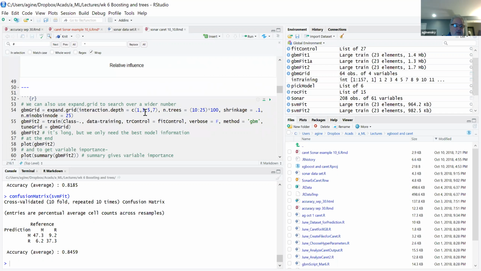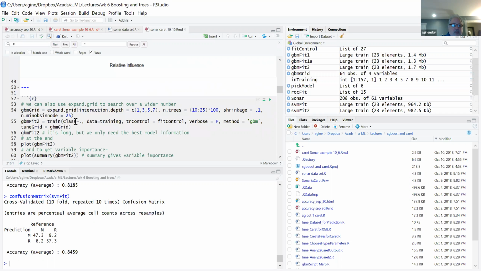One would be stumps. I looked at 1, 3, 5, and 7. And number of trees from 1,000 to 2,500. And the shrinkage, which is the learning rate, I used 0.1. And the minimum observations in a node: once you get to 25 observations in a node, you stop, regardless, even if you could go further.